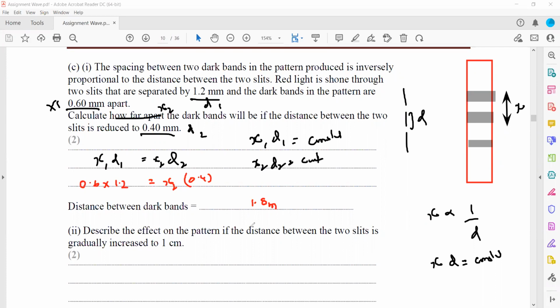Any doubt till this point? So whenever a diffraction occurs, the gap size and the bandwidth, like the distance between the fringes and the distance between the slits, are inversely proportional to each other.